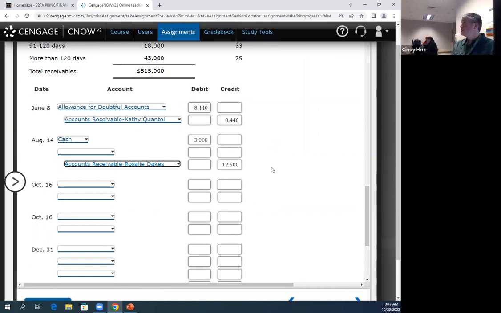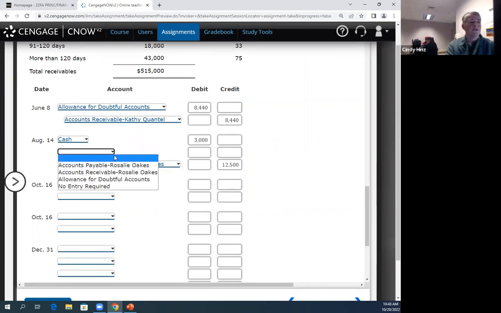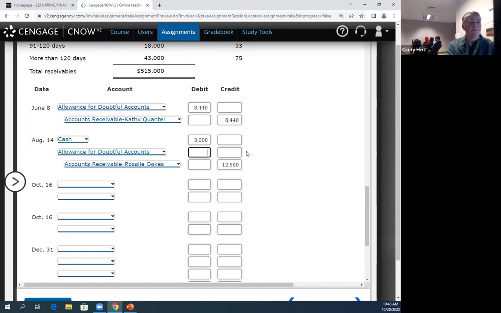And again, that looks exactly the same way it did under the direct write-off method, just like on June 8th. The difference is rather than recording expense at the time that we make this entry, we write it off to the allowance account. The debit is to the allowance rather than to bad debt expense for $9,500.